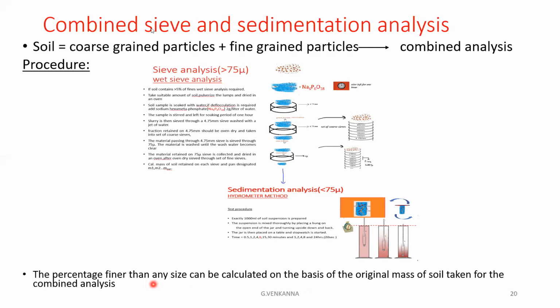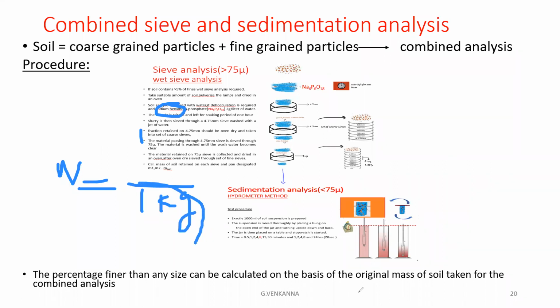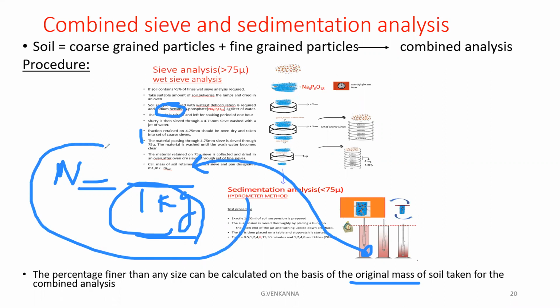Whenever percentage finer is calculated, initially we take some soil sample, say 50 grams, or maybe 1 kg. The original mass of the soil taken at the starting goes in the denominator, and whatever mass of soil is finer goes in the numerator. Like this way we can find the percentage finer at any stage.